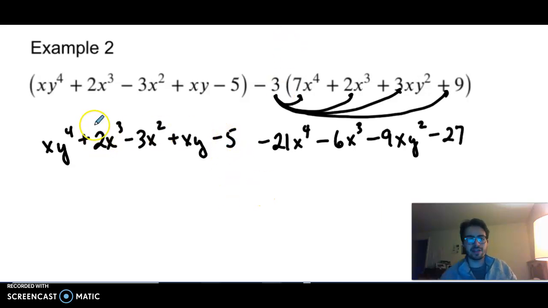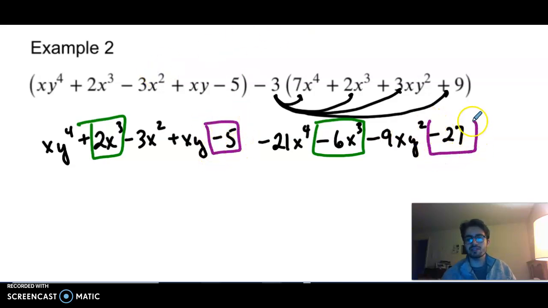Okay, let's identify the things that look the same. We have these. We have these. Those are the only ones we can combine, guys. So, we have the xy to the fourth.